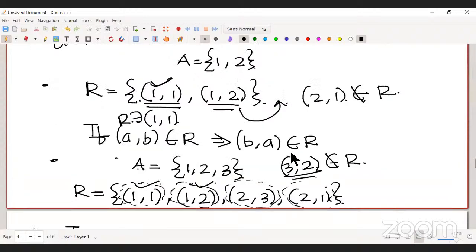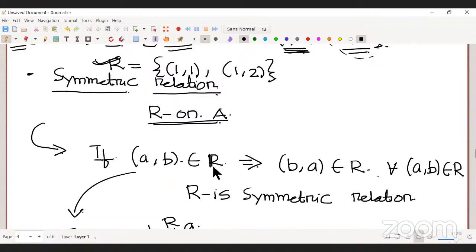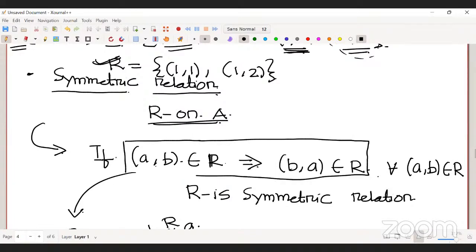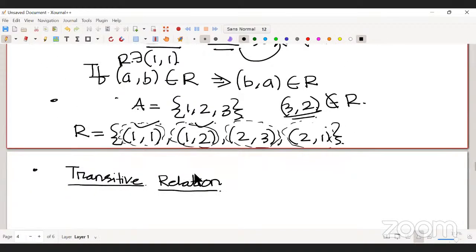What is the definition of a symmetric relation? It says that if (a, b) is in R, then (b, a) should also be in R. But here, in this relation, 2, 3 is in R, but 3, 2 is not in R. That's why it's not a symmetric relation. Clear?